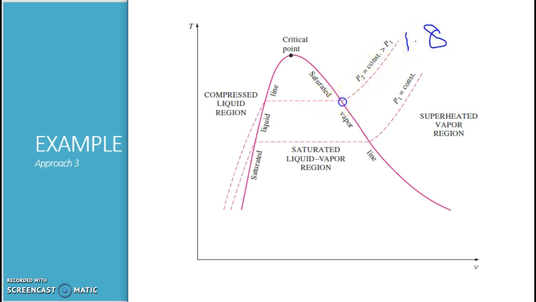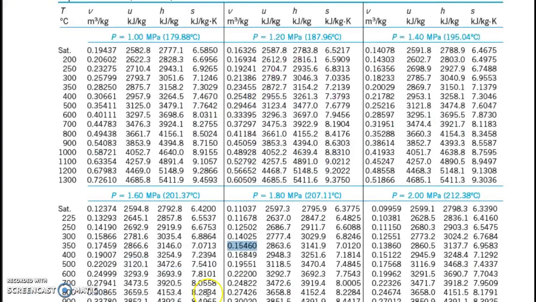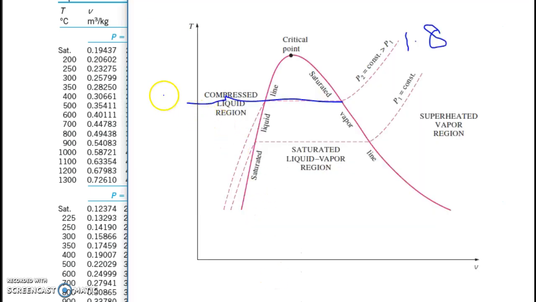At this point, the boiling temperature or saturated temperature is this one, about 200 something, but in the question you are given 350, so it must be on top of here.